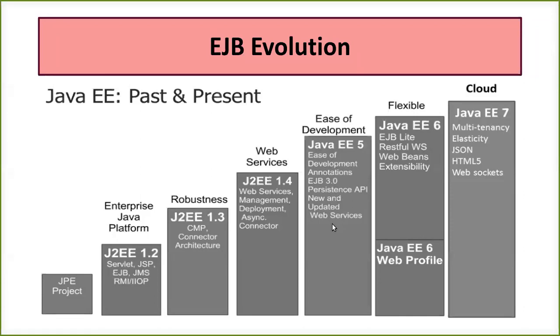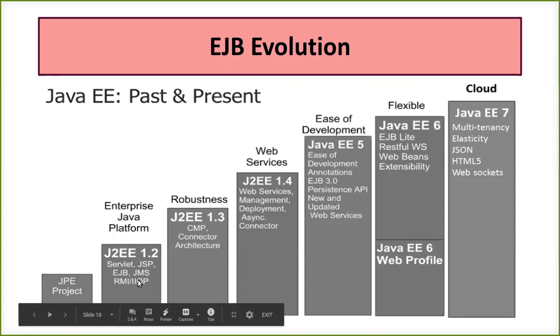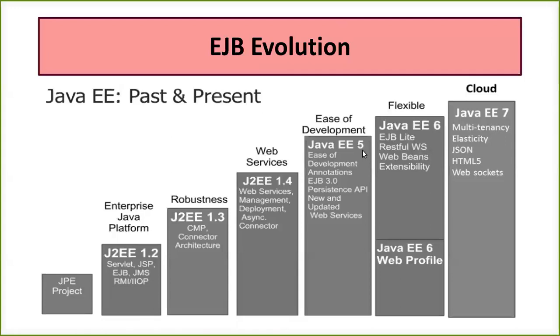If you remember, we also had JSP 2.0, the second version of JSP. Similarly, EJB was there from the second version, but it was fully implemented in Java 5 of the Enterprise Edition. Even as EJB was upgraded, EJB 3.0 was one of the platforms we used for developing EJB applications.